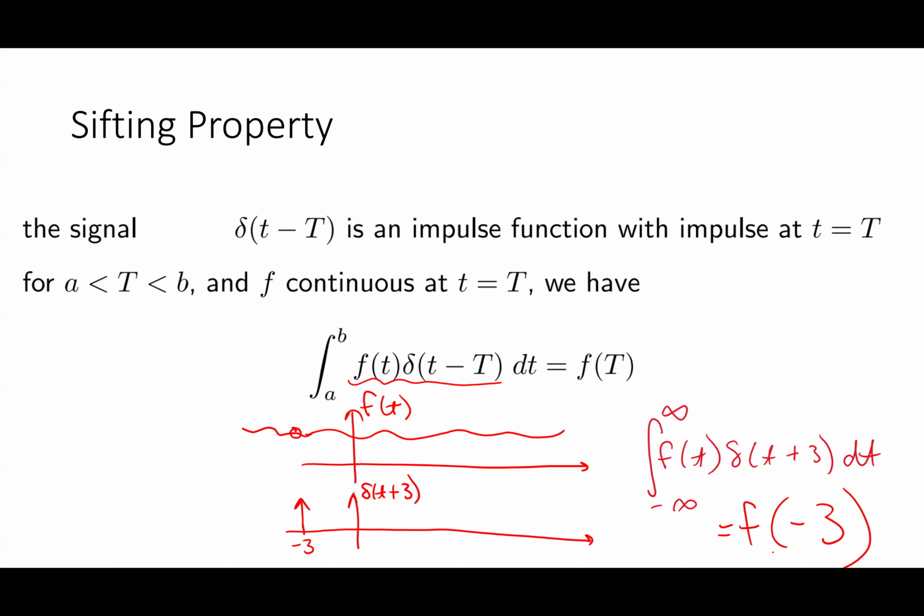So if the impulse exists at t equal to negative 3, it sifts out, quote unquote, removes the value of the function at that one point. If you think about the way I sample things with an analog to digital converter, this really models what it does. It pulls one value off of that function, stores it in memory, and then I do it again and again. So that's one of the areas where this becomes really useful.